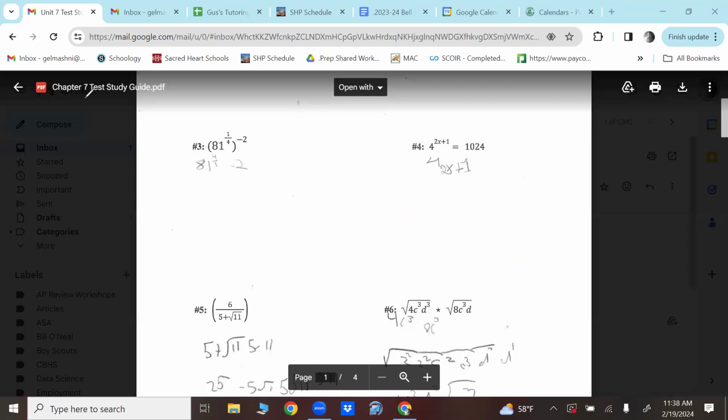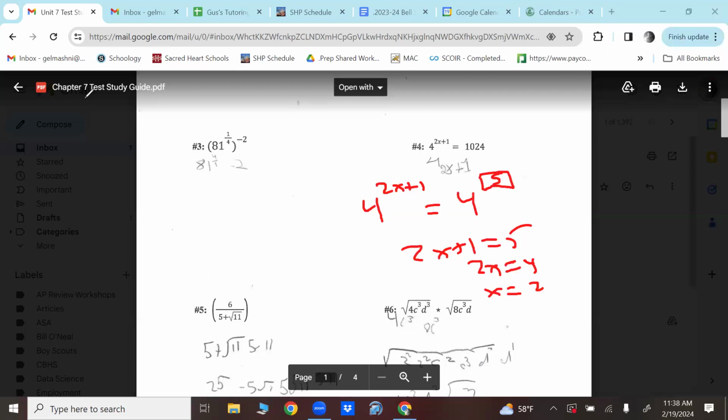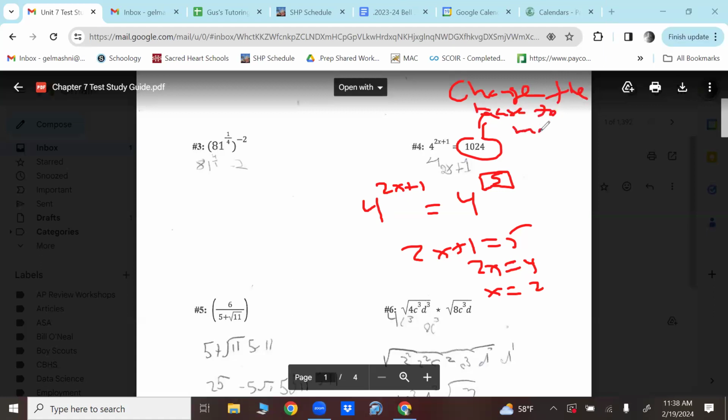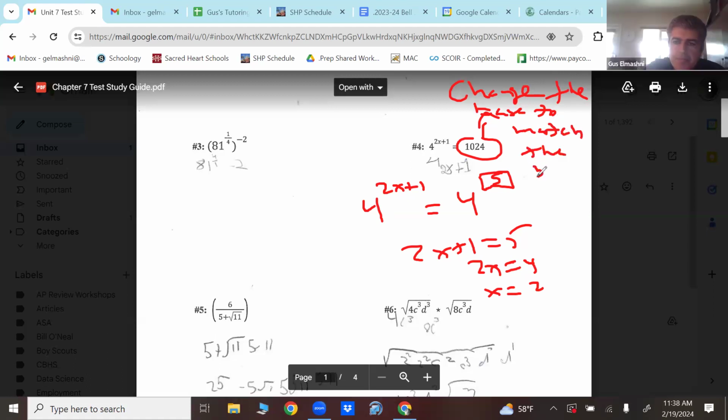Wait, so for that problem, number 4, how again did you get 4 to the 5th power? So you have to change the base to match the base on the other side.